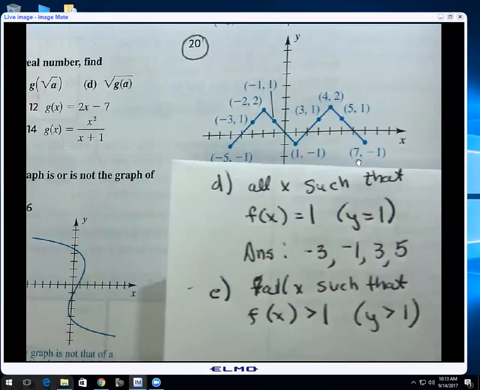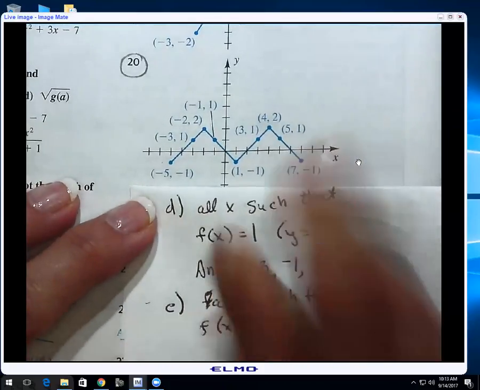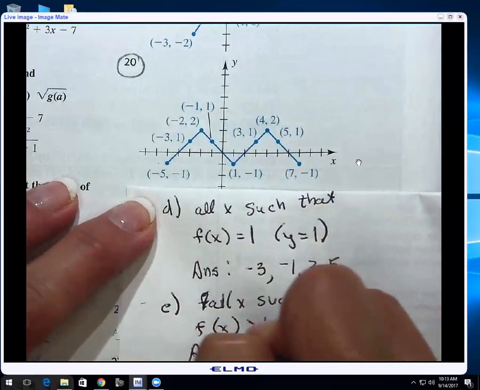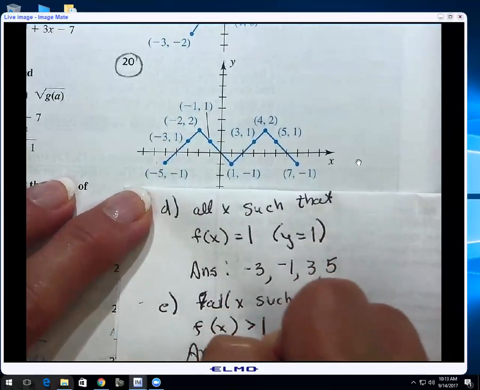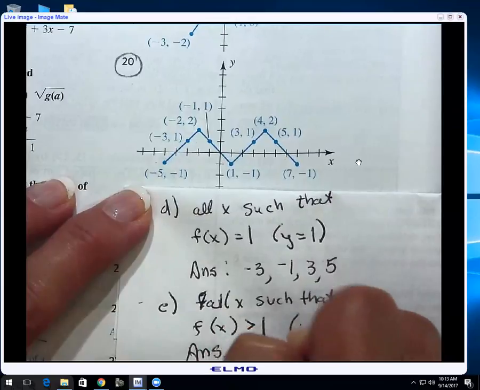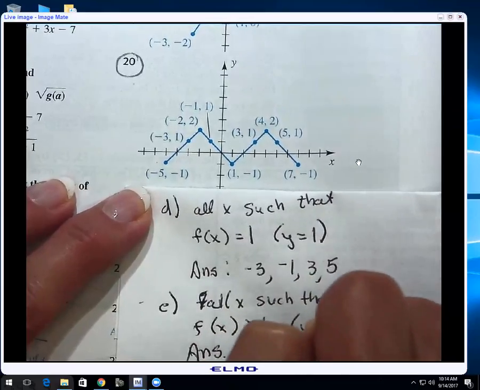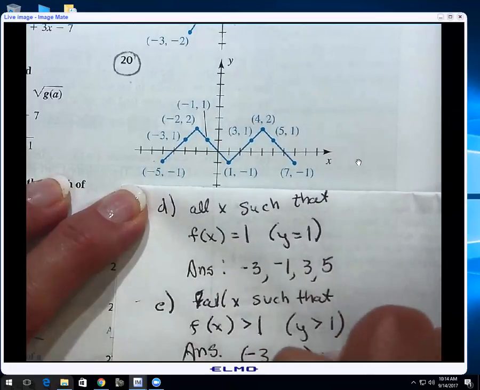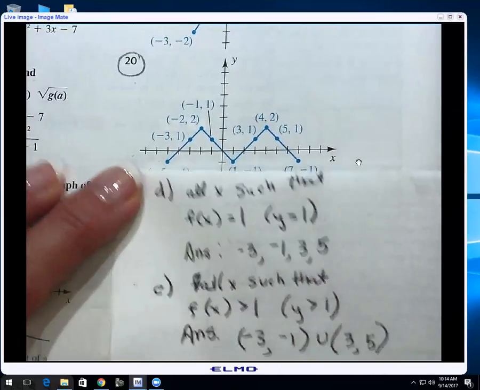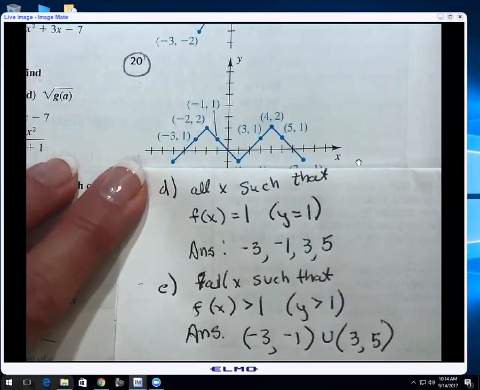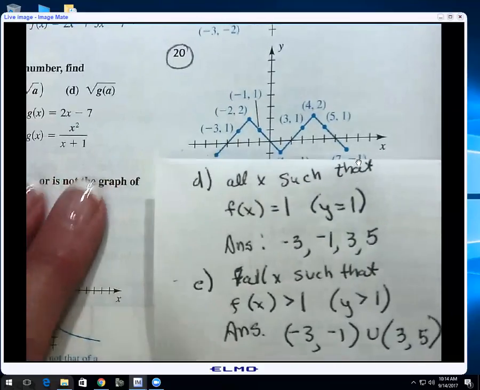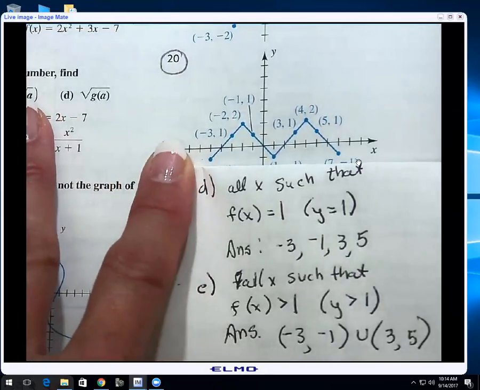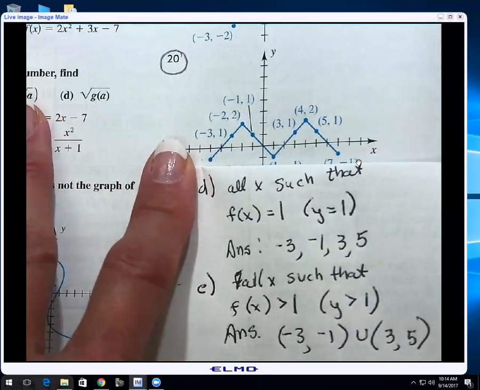But anywhere between negative 3 and negative 1, not including the endpoints, and anywhere from 3 to 5, not including the endpoints. So you do put a union. Yes, put a union symbol. It's not wrong if you don't put the union symbol, but that's what they'll have in the back. That's this and that. It contains all the answers to the question.